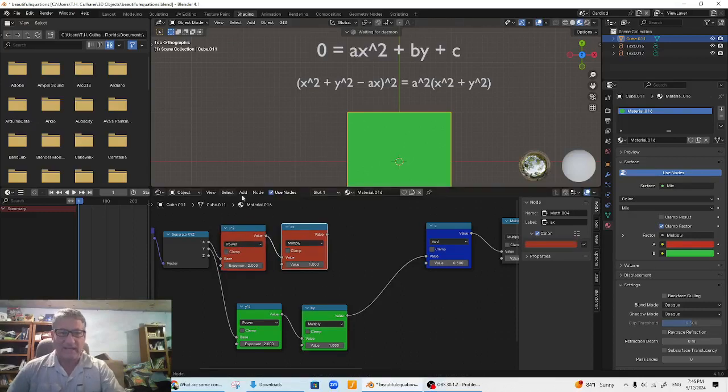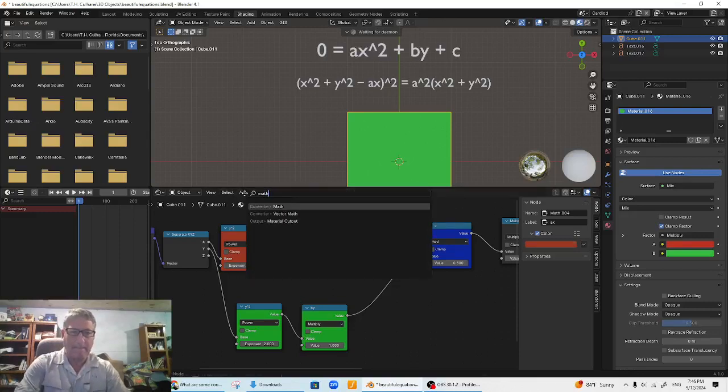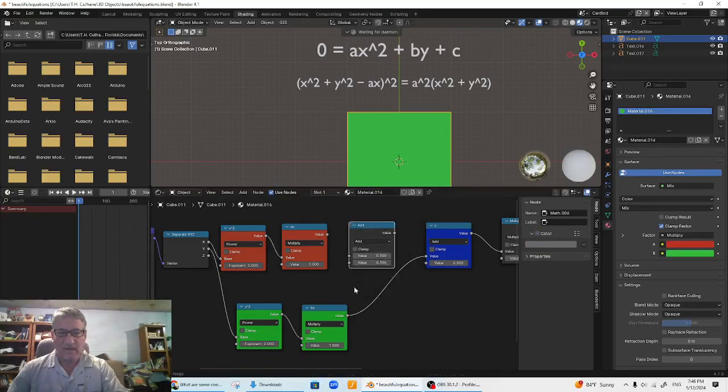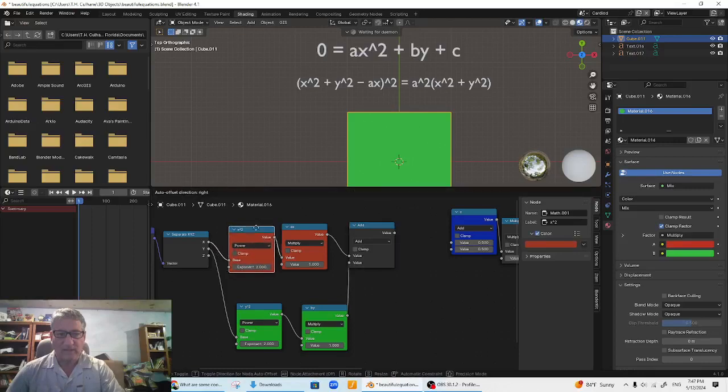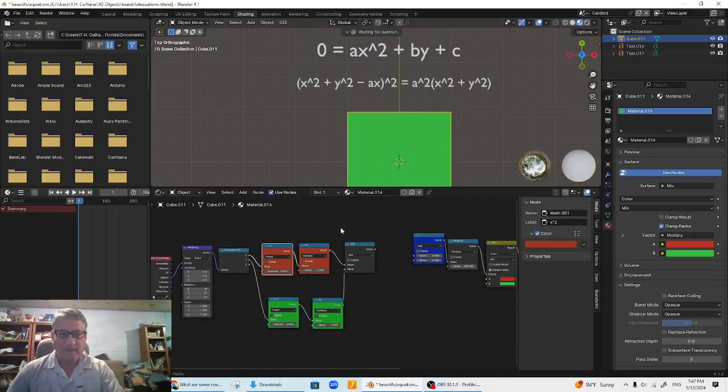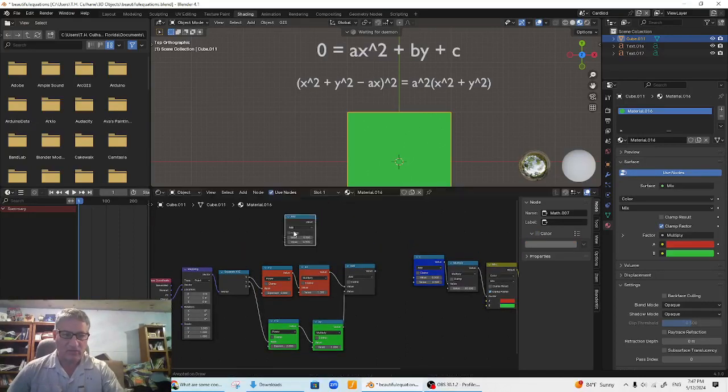So let me add a math node here and say to it, I want to add this and this together. Break this for now. All right, so I'm adding x squared plus y squared, and then I need to put in a minus ax. So I will set up above this another math node, to which I will plug in x.